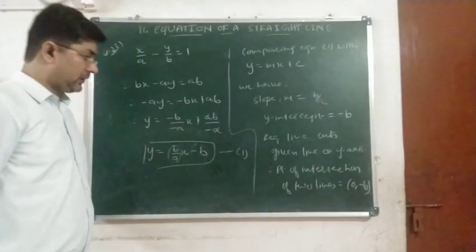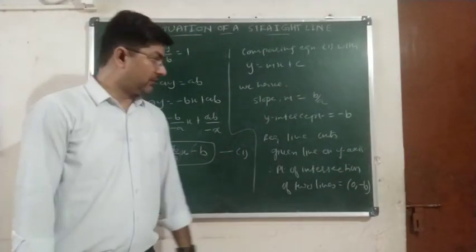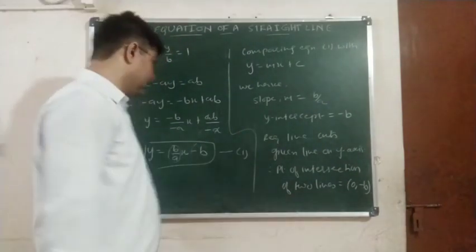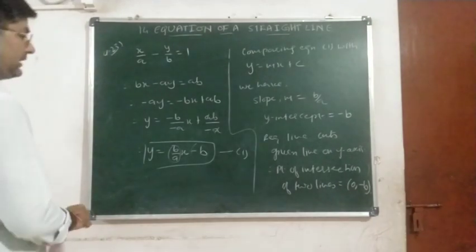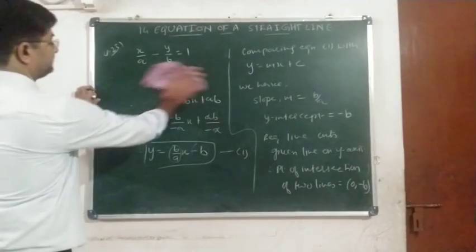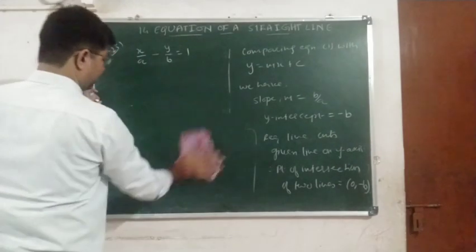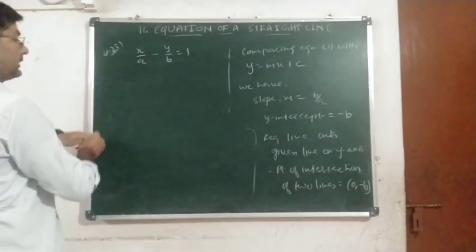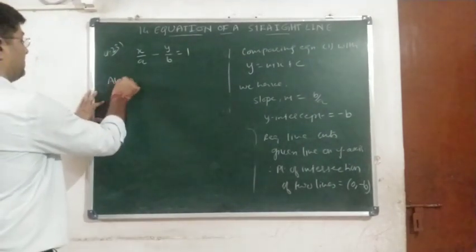Clear? So now, further the required line is perpendicular to the given line, and therefore we can now calculate the slope of the required line.